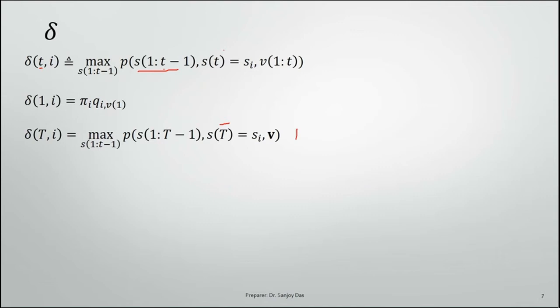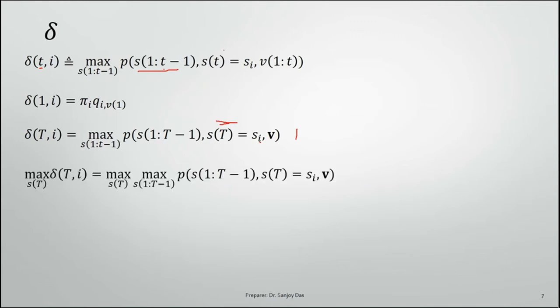We have n states, and at St this i could be any one of those n indexes. And so let's do the maximization over St equals Si now on both sides. So this is what I have. I'm doing the maximization over S sub T now.